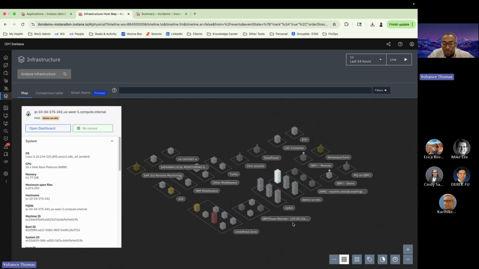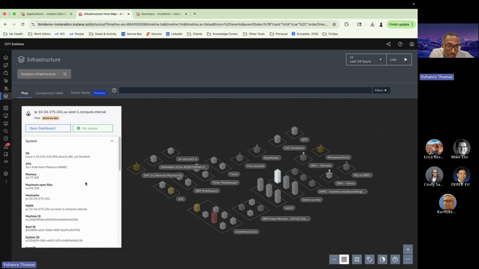So what we have is really just a one agent per host setup. That makes everything auto-discoverable, very easy to set up. And the beauty is that it's doing a lot of the heavy lifting on the back end.